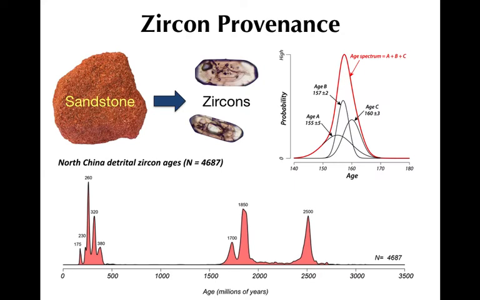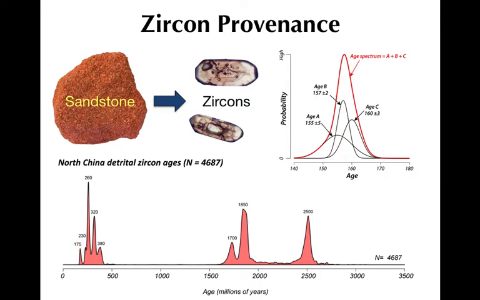So here's a plot from my own research. In my research, I dated over 4,000 individual zircons from dozens of samples in North China. And this plot here is an age spectrum of those samples.